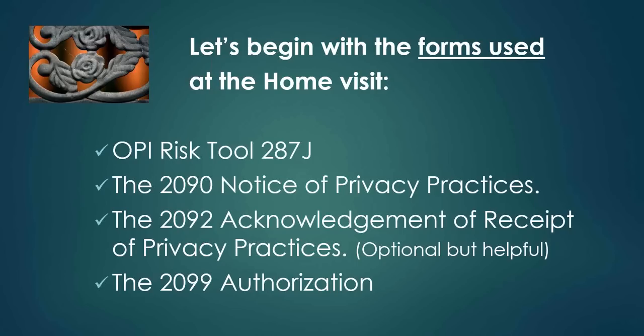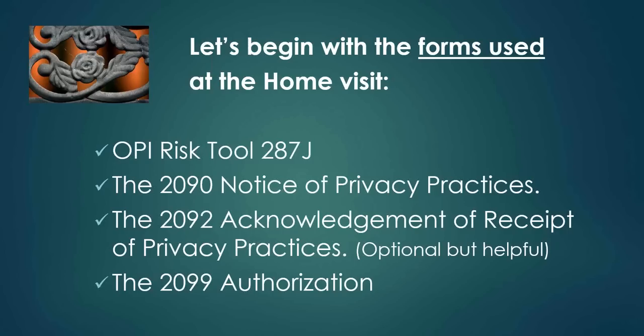And then if you need more information, and especially if you need medical information, you're going to need the 2099 authorization or release of information. So I would always have those forms handy with me at the initial home visit, and that would get those forms out of the way, and it's the easiest way of actually accomplishing getting those forms in the hands of the individual.